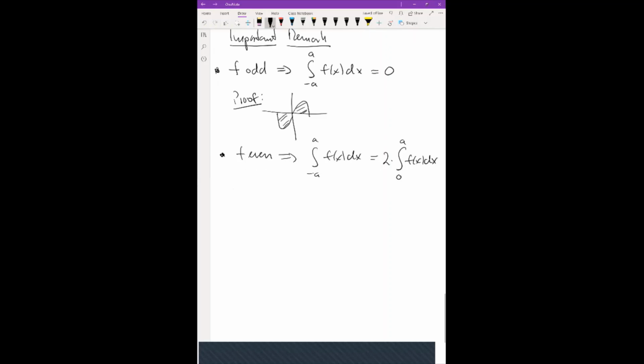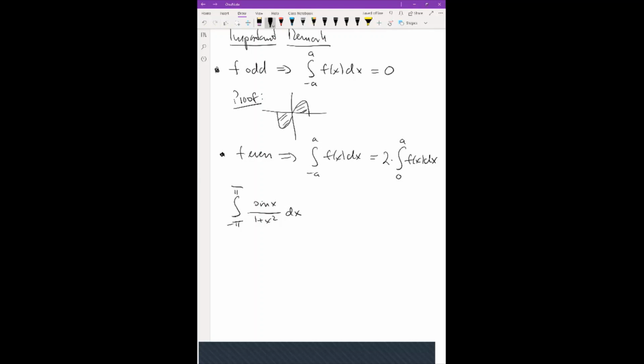And with these comments, the next problem is now easy. If you have the integral from minus pi to pi of sine of x over 1 plus x squared dx. Whenever you see minus a to a, you should ask, does it have something to do with this remark?